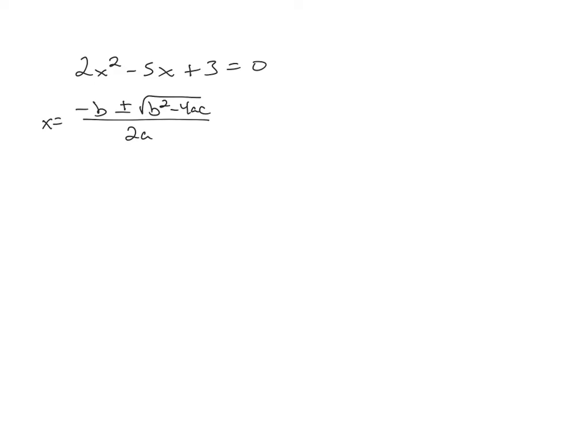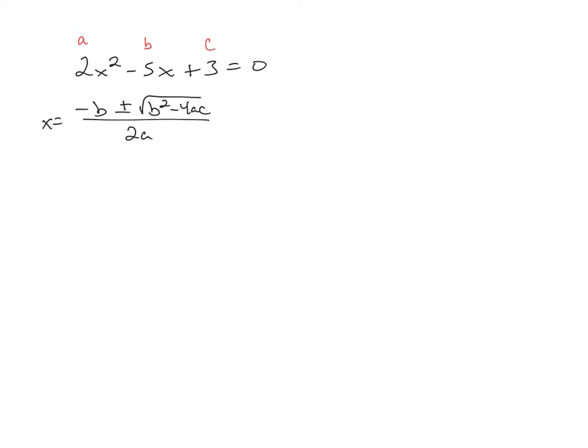Technically it's x equals, so we're finding where the graph crosses the x-axis, so it's going to be x equals something and something. So this one, our a is up top, like right here. The a is 2, the b is -5, and the c is 3.